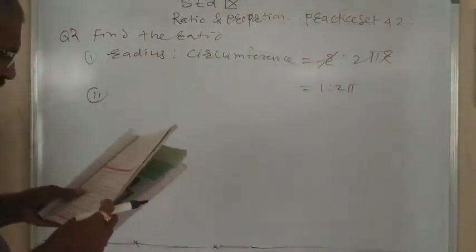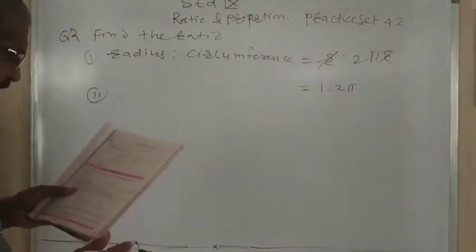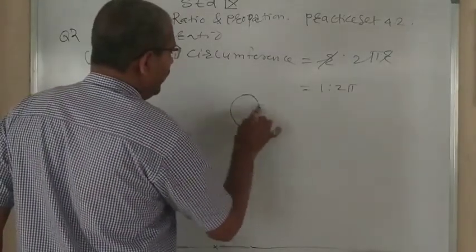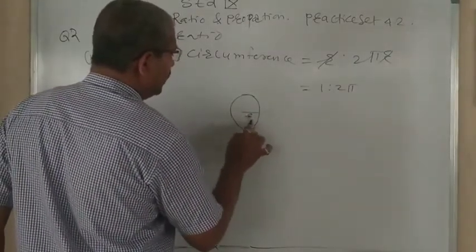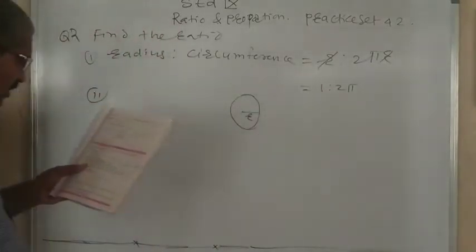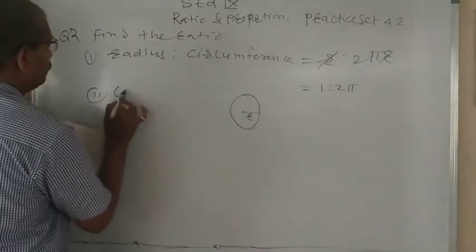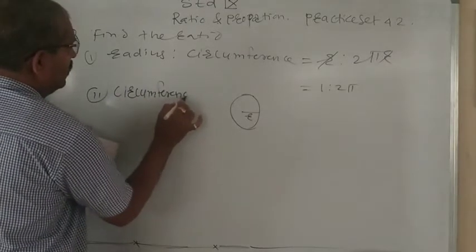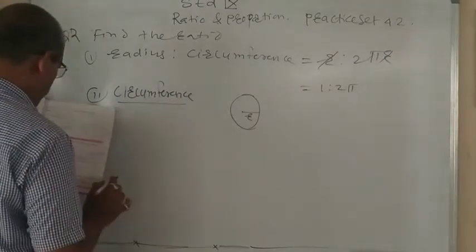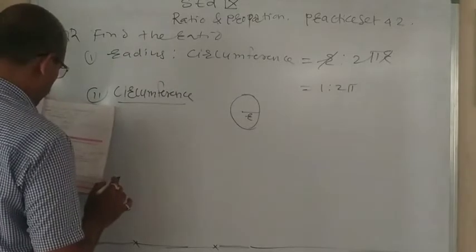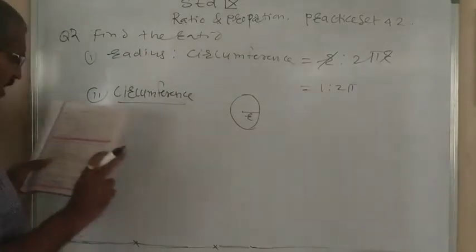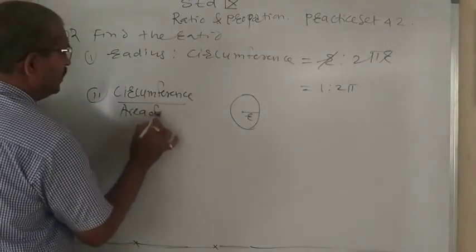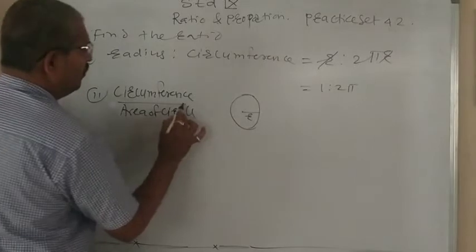The ratio of circumference of a circle with radius r to its area. There is one circle and the radius of this circle is r. Circumference to area of circle.